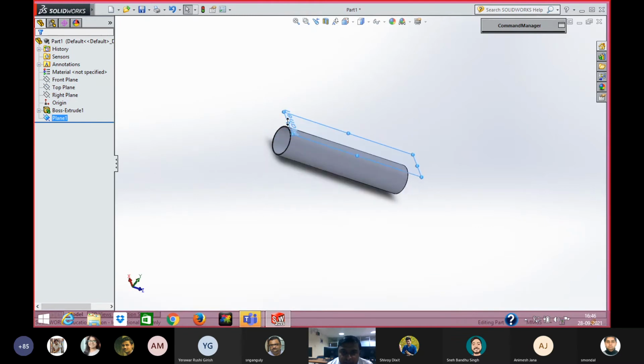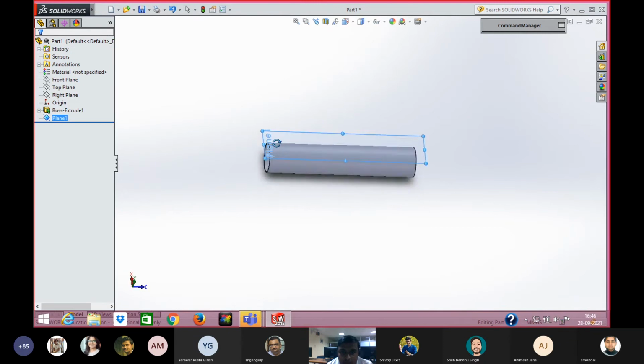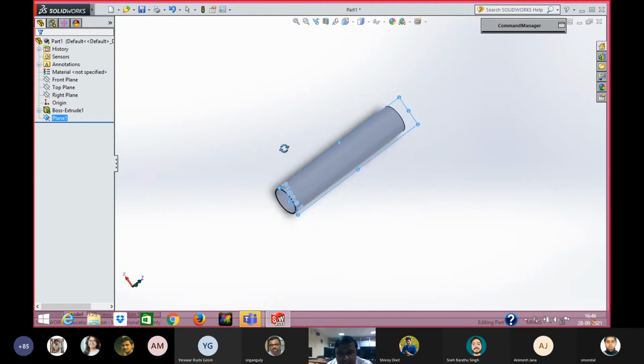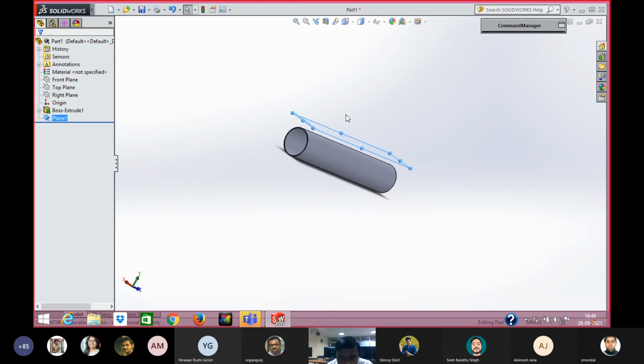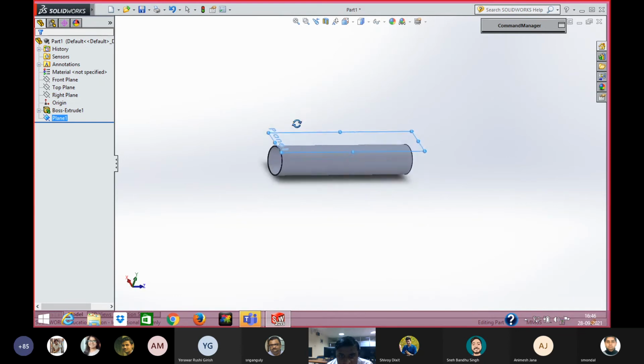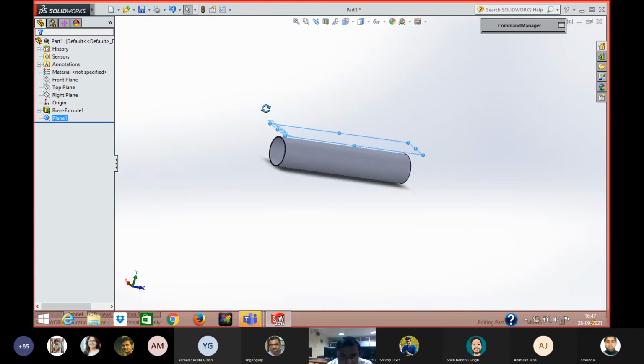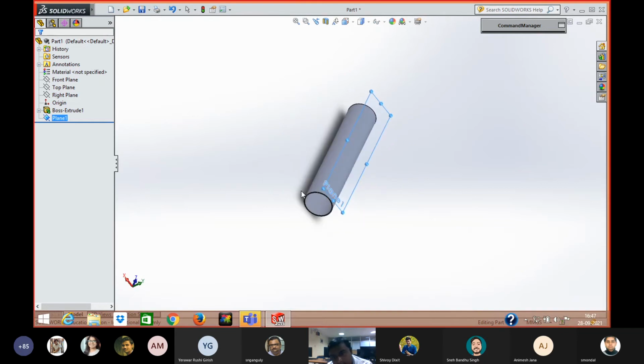Now in this top plane, we will draw the required geometry for the hole or the inlet of your required fluids.